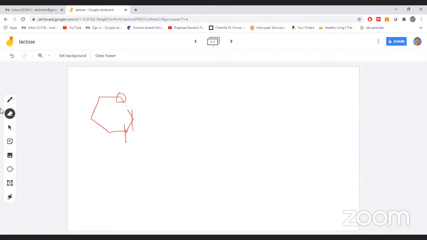So I have to write on the left on top H, OH, and then H, OH, OH, H, H, OH, and CH2OH and H. Similarly, I have to draw 2 or 3 more units.